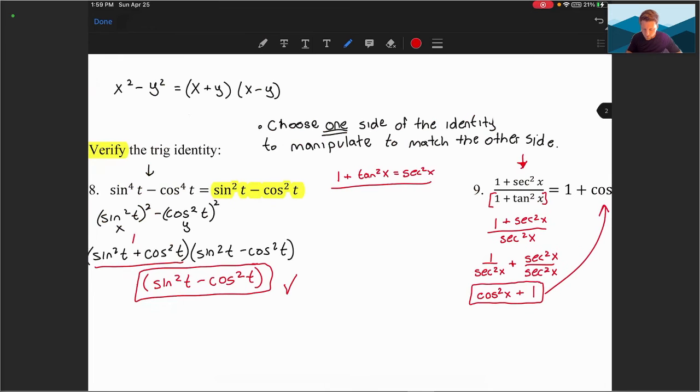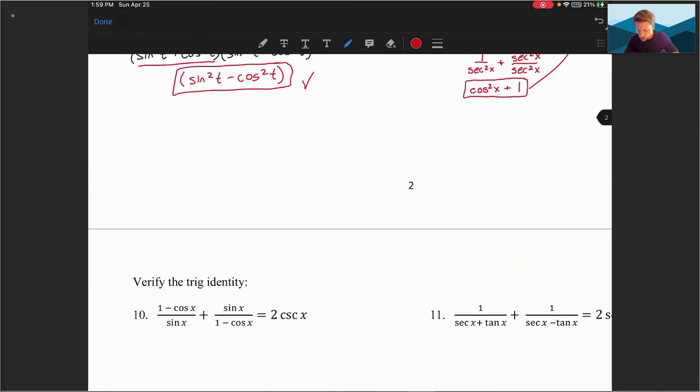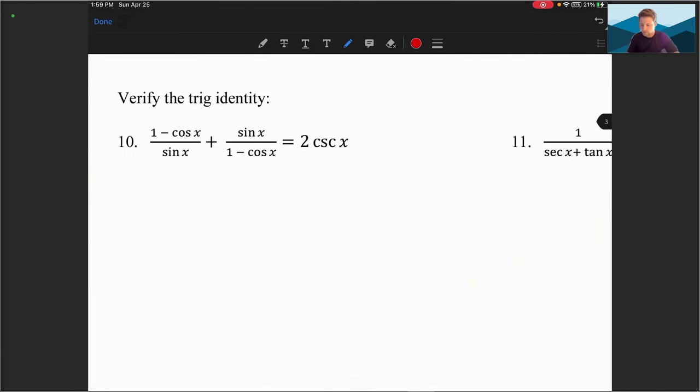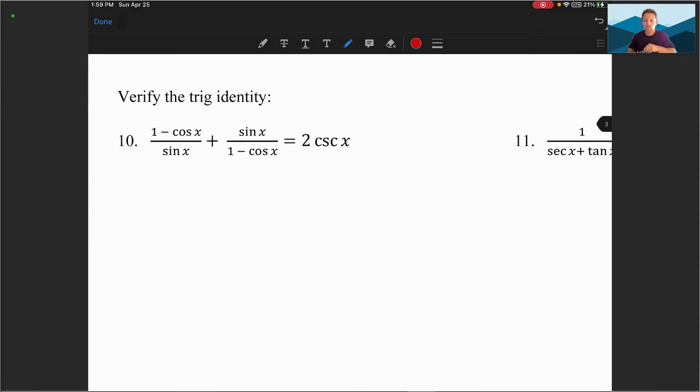So let's continue with a few more examples here. We'll take a look at number 10 together. So in this identity, we don't necessarily have any squareds right away here, or squared sines or cosines. So it might be a good idea to get a common denominator here with our fractions and see what happens.